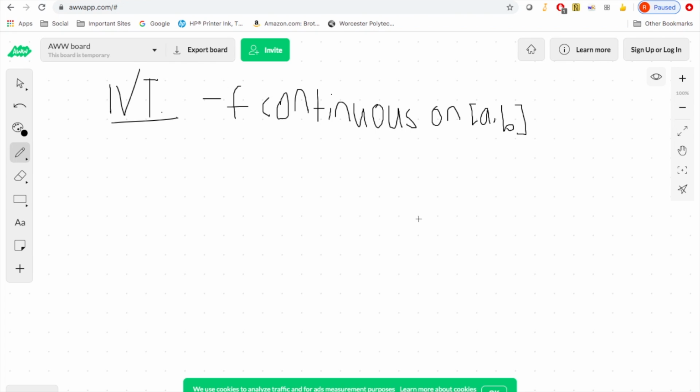And the theorem states that... let me do an example in order to show what the theorem states. So let's say we have a function f, and f is continuous on the closed interval -3 to 3.